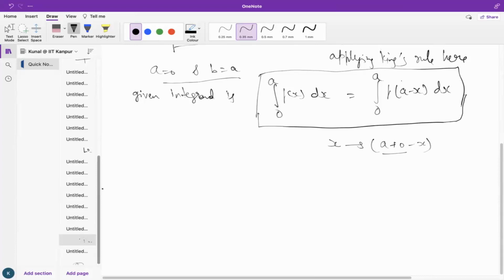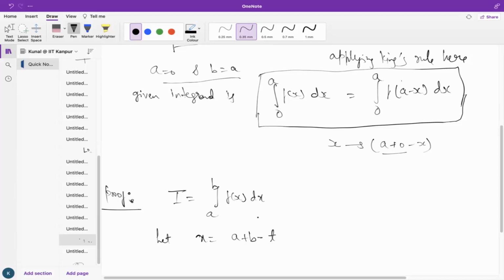So if we go to King's rule proof, our given integral is f(x) dx, and we are integrating from a to b. What you have to do here is let x be equal to a plus b minus t.